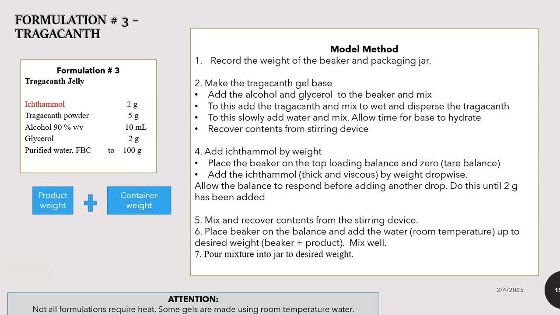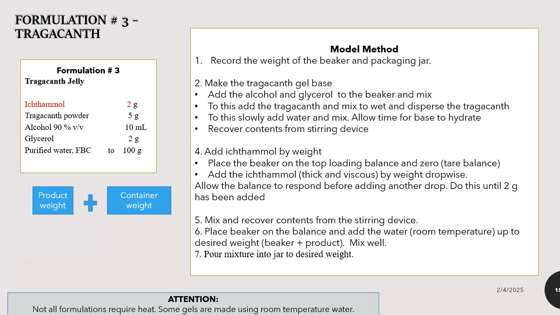You have to scrape all the tragacanth and the glycerin, but it's more runny. It's better to scrape that from a container than the ichthymol from a container, because the tragacanth mixture would not be very clumpy and thick like the ichthymol. You can transfer it to the pre-weighed ichthymol and then make that up to weight.